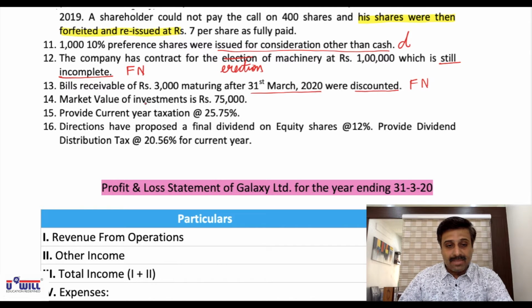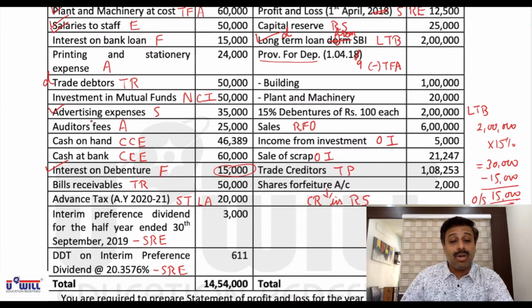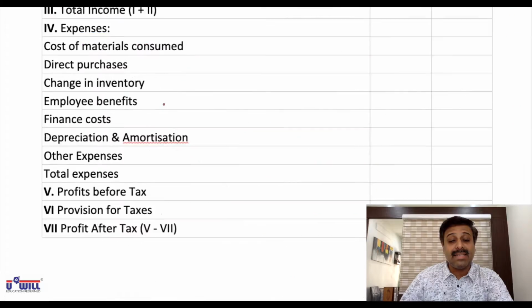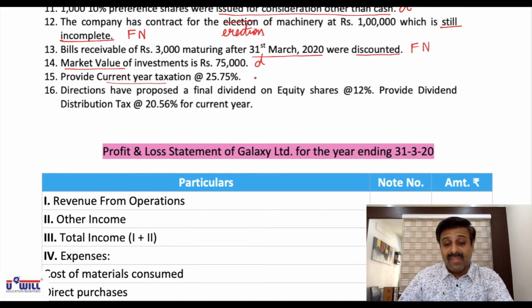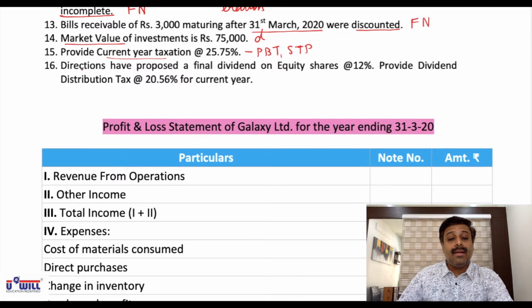Market value of investment, again market value of investment is a disclosure. So in investments, all of you, this investment of mutual funds, mark as D disclosure. Provide for current year taxation 25.75% minus from profit before tax and short-term provisions. And directors, not directions, directors have proposed a final dividend on equity shares at 12%.